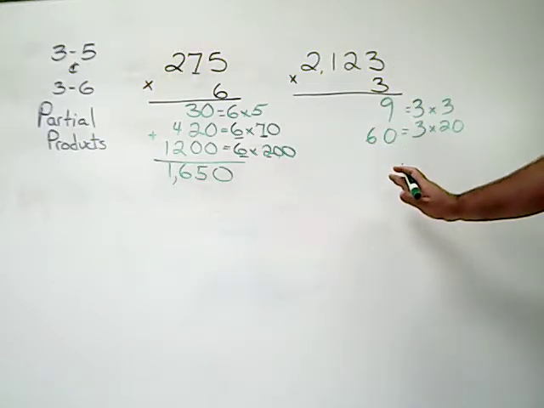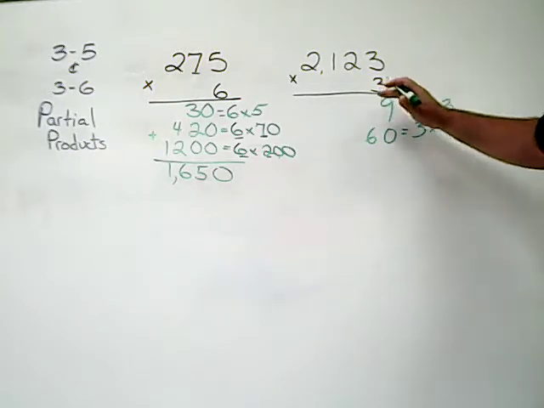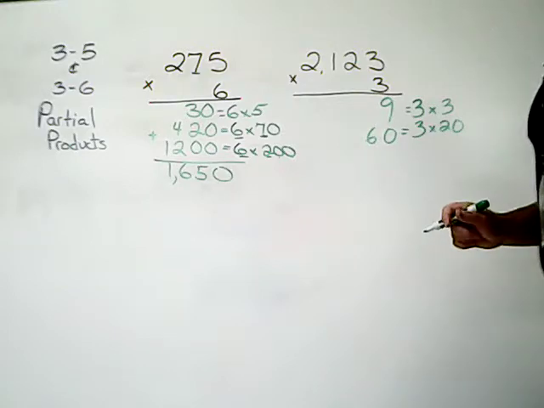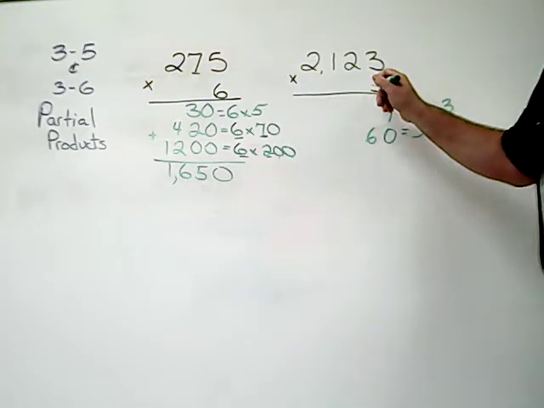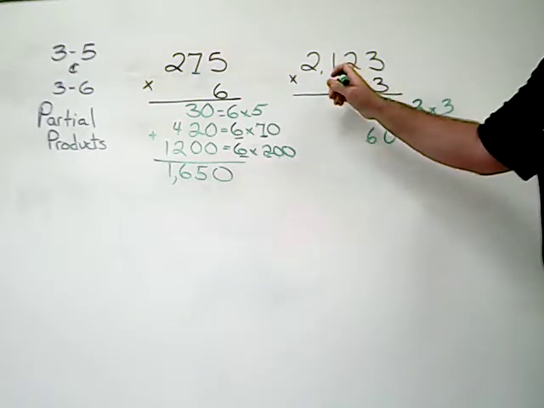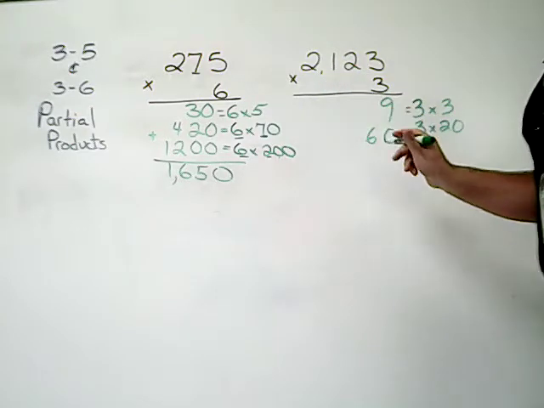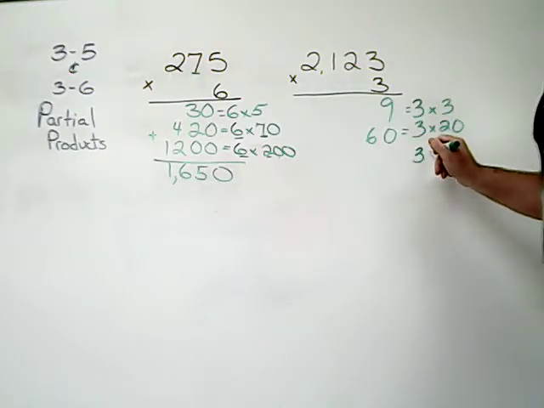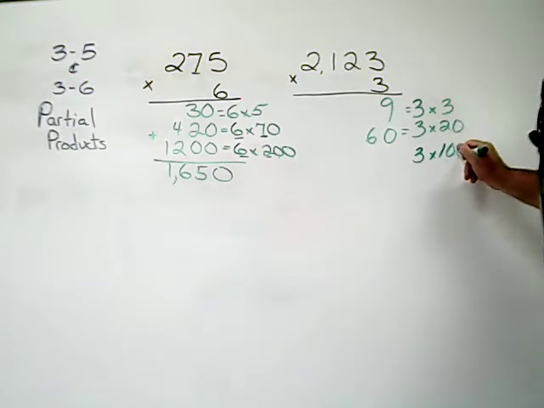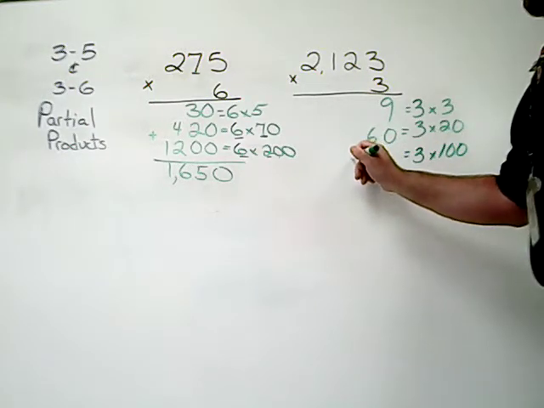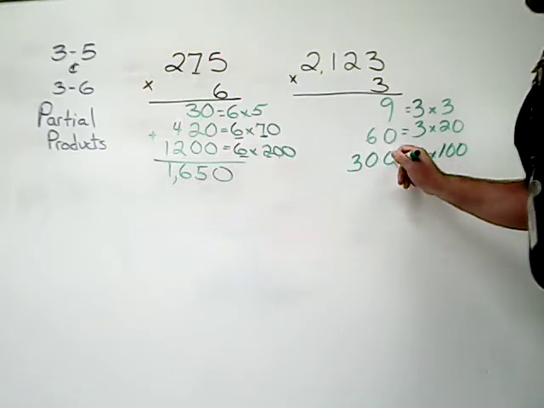Notice how I'm lining everything up nice and neatly so that it makes it a lot easier for me to add in the end. Next, I do 3 times 1, but this 1 is not truly a 1. It actually represents the number 100. So it's 3 times 100 for a total of 300.